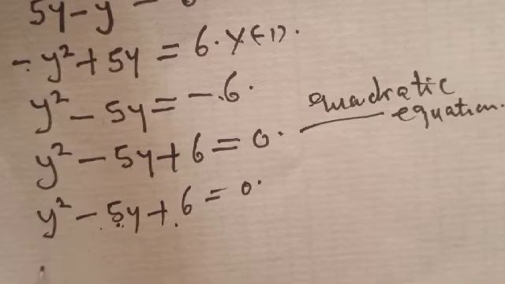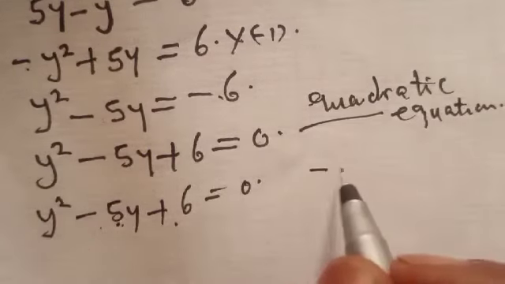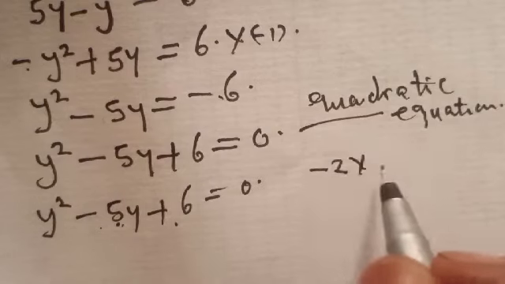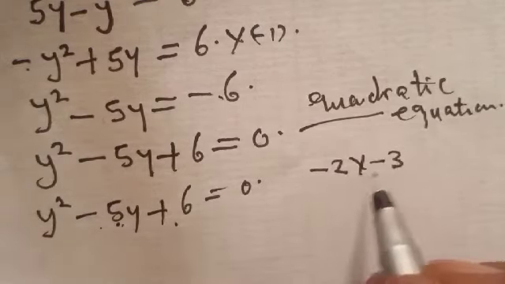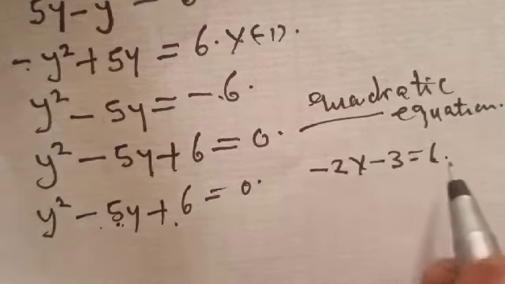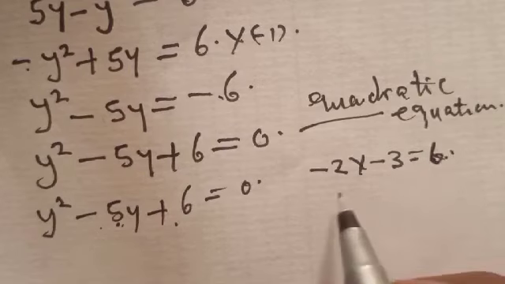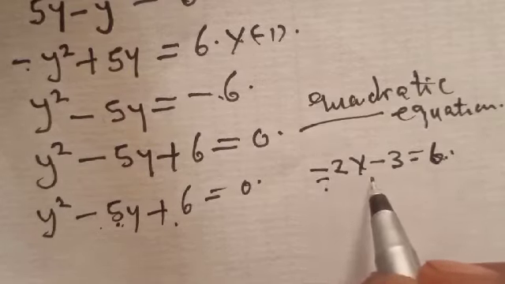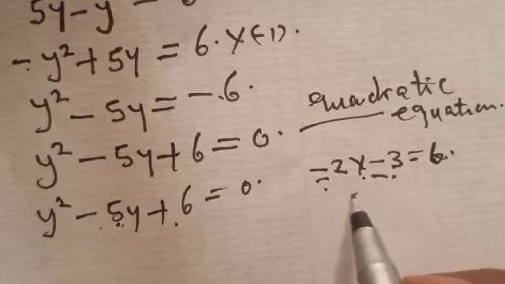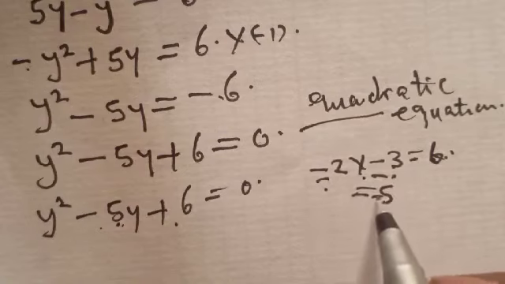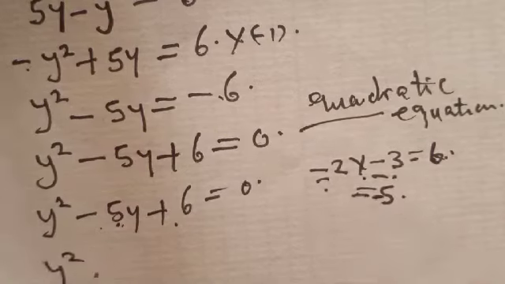Now from this we have, let's say, minus 2 multiplied by minus 3, that will be plus 6. Then minus 2 plus minus 3, that will be minus 5.